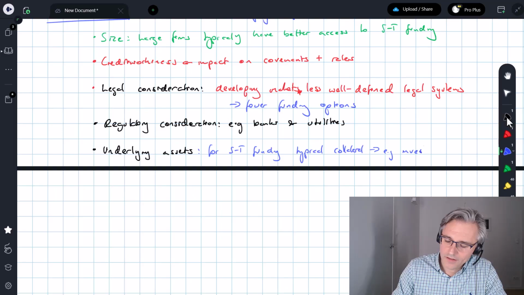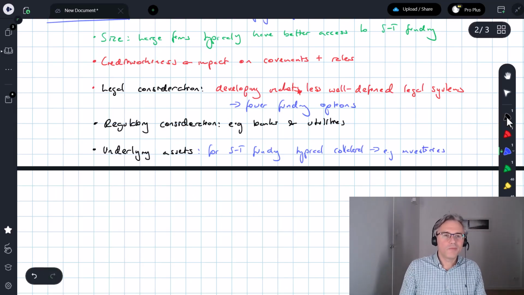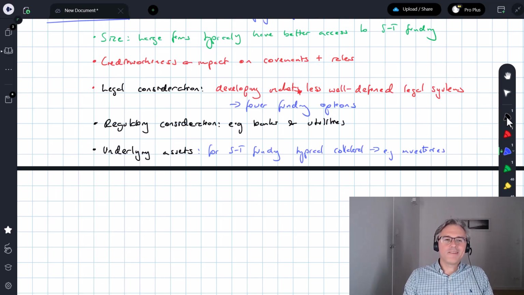And the question is, what inventories do you have? What type are they? What is the risk associated with them, especially the risk of them going obsolete or going bad? And it's quite common in the financial markets to get funding where inventory is used as collateral. It just has to be the right type.